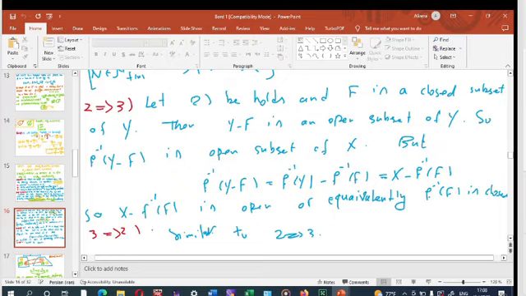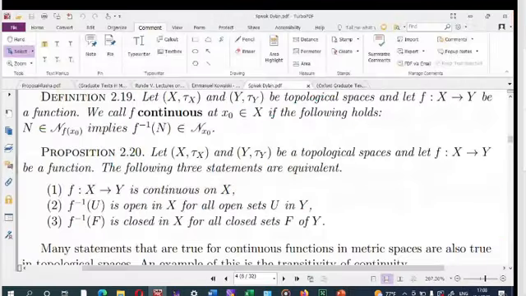The complement of this set is open, so this set must be closed. And 3 implies 2 is similar to 2 implies 3. So these three conditions are equivalent.